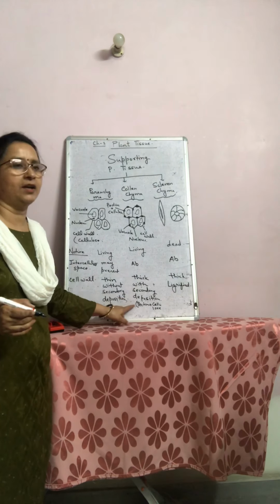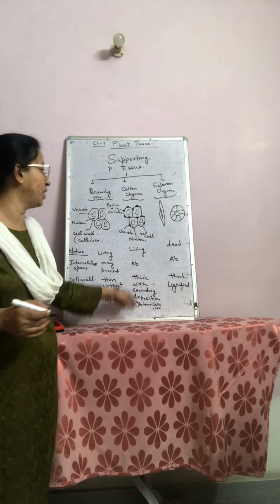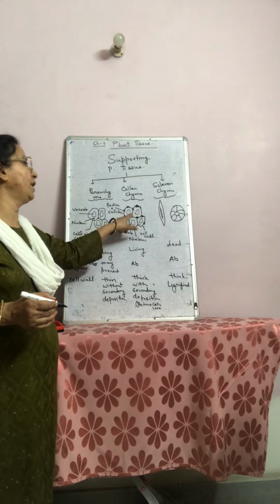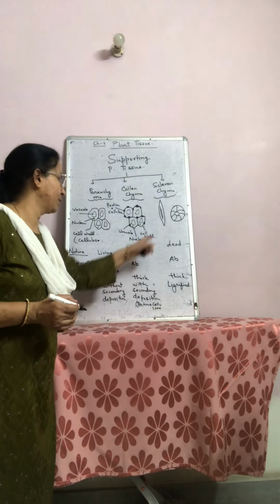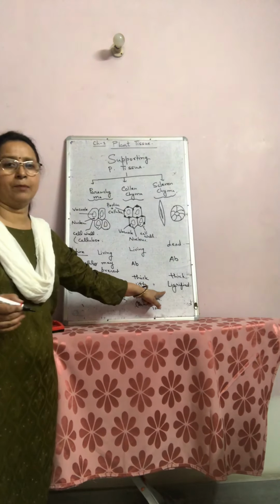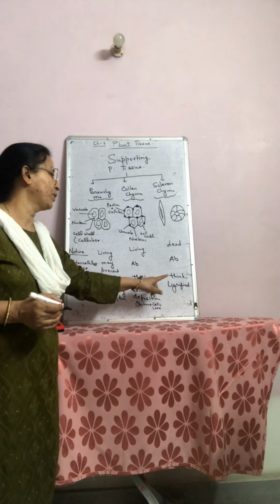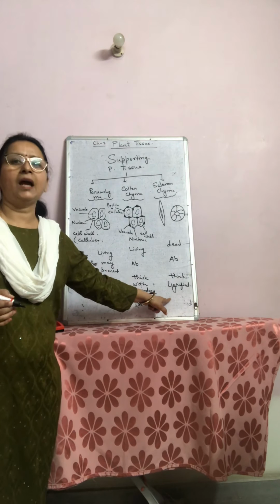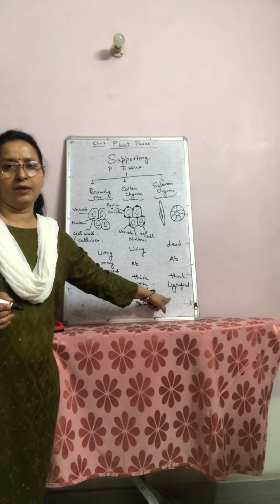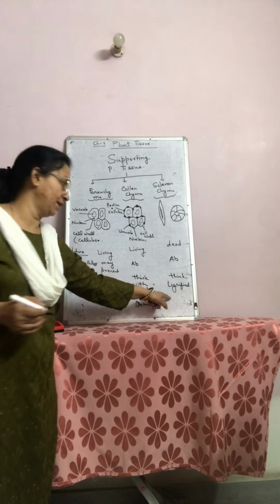Thick with secondary deposition. What is secondary deposition? Pectin is accumulated at the corner along with the cellulose. Now come to the sclerenchyma. Sclerenchymatous cells are thick and lignified because it is dead, and deposition of lignin is also present there.